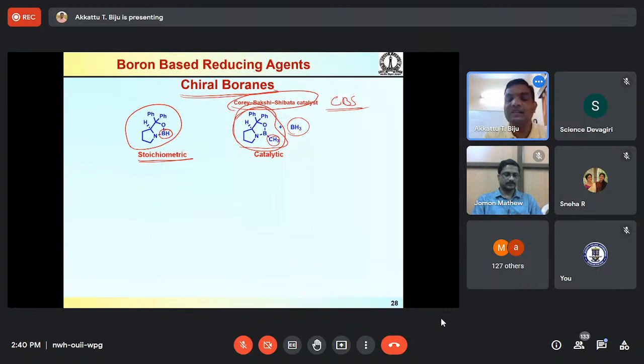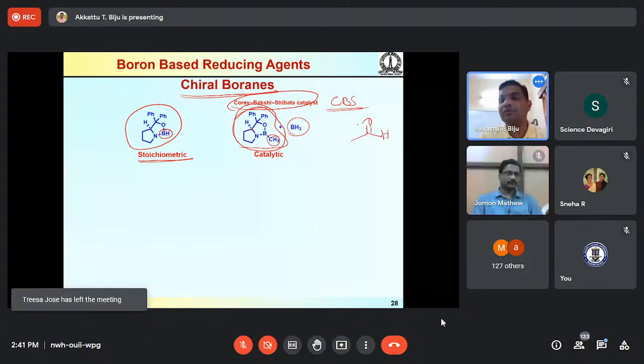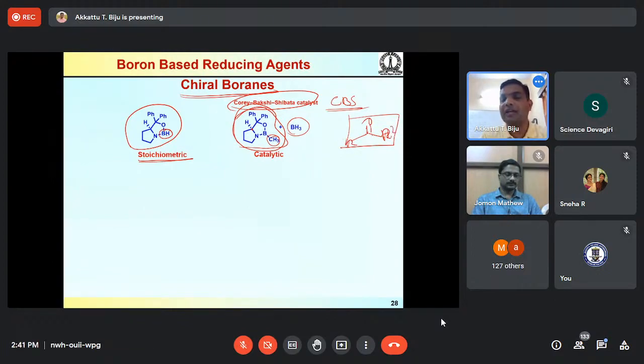Because of the chiral nature of this catalyst, it can release the hydride from a specific face of the molecule. So we know that ketones are planar molecules, and whether aldehyde or ketone, these are flat molecules.